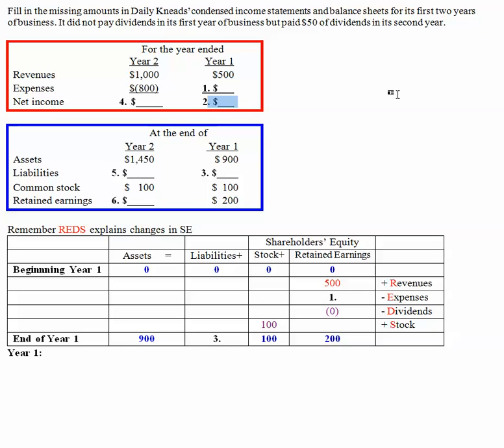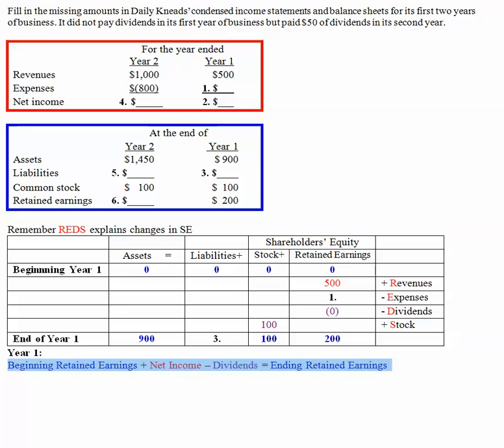So what you need to do is sort of a leap here, knowing that revenues minus expenses equals net income, and that I don't have that piece, but I do know down here that retained earnings has net income in it. So if you think about it, for year 1 we have the typical beginning retained earnings plus our net income minus our dividends have to equal our ending retained earnings.